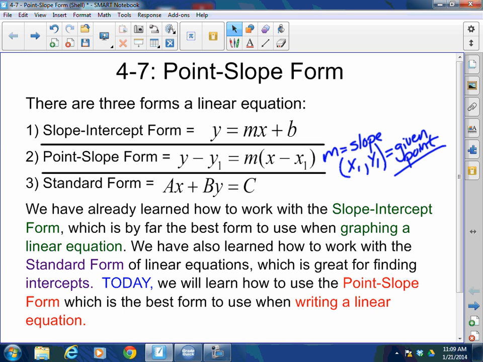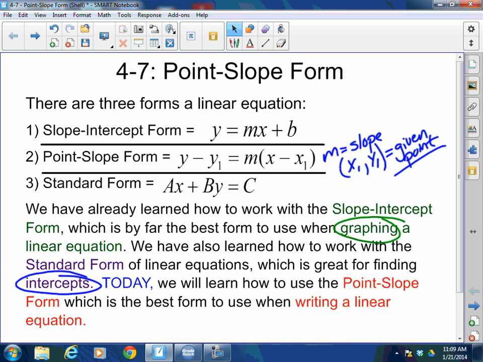Now, we have already learned how to work with the slope-intercept form, which is by far the best form to use when graphing a linear equation. So, slope-intercept form is good for graphing. We've also learned how to work with the standard form of a linear equation, which is great for finding the x and y intercepts.